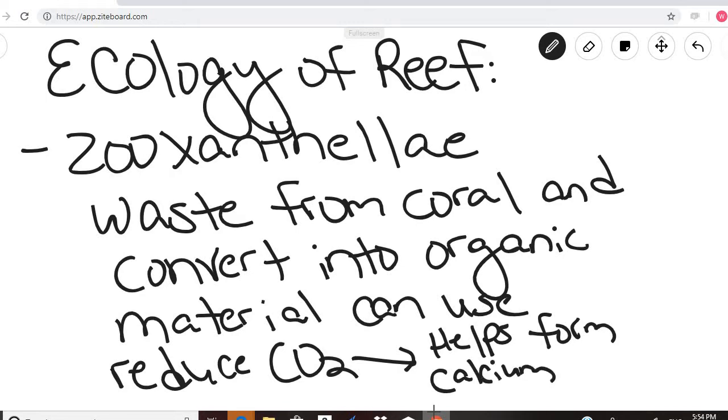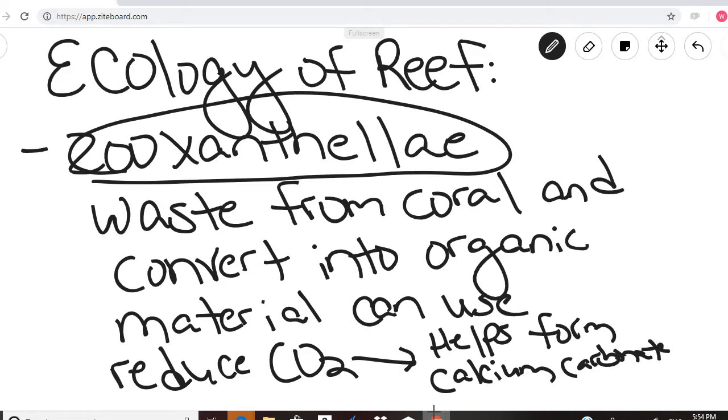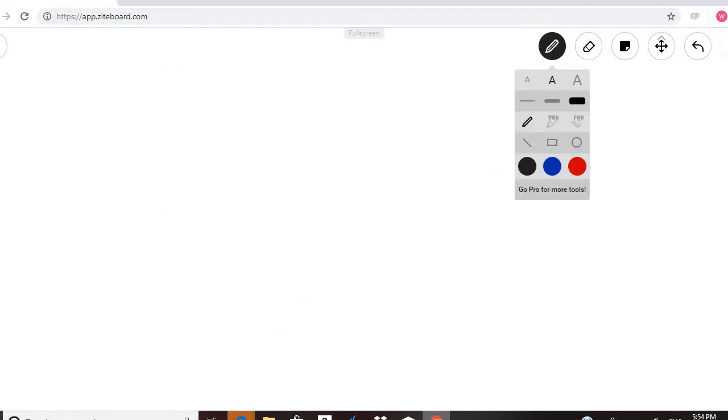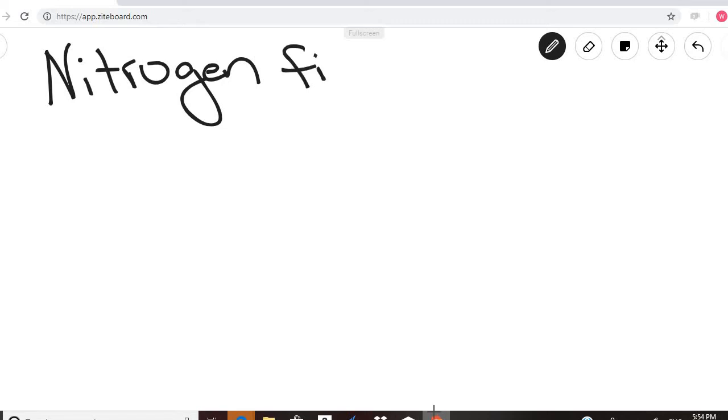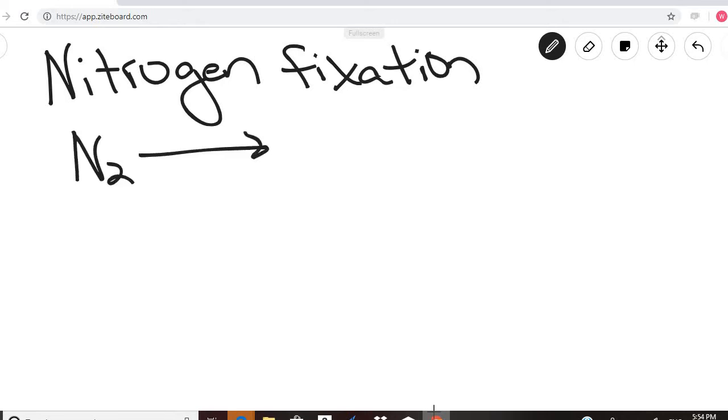So, as we've said, I think this is the third time we've mentioned that these zooxanthellae are really important for the survival and growth of a reef. Another thing we've talked about before, but let's talk about how it relates to a reef. Remember that we talked about nitrogen fixation, and that is taking nitrogen gas and changing it into nitrates, nitrites, and ammonia.